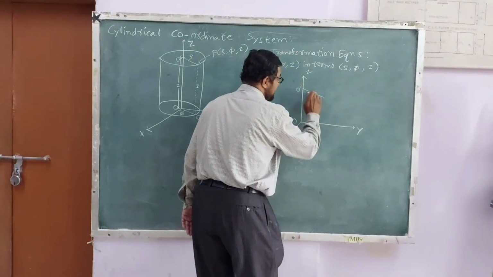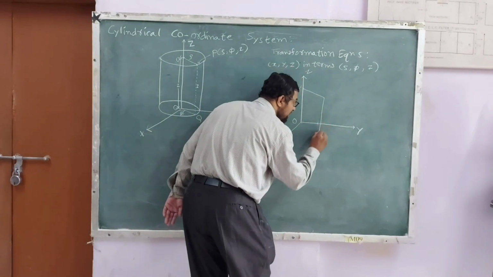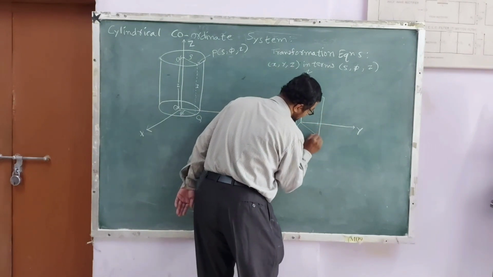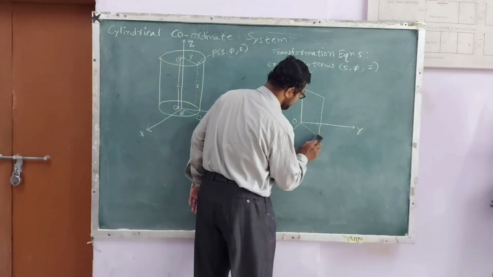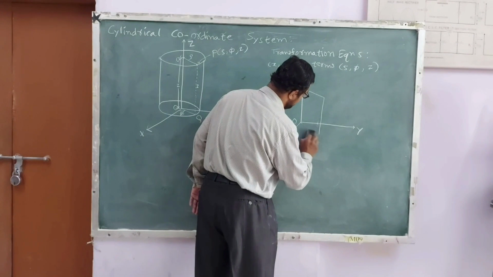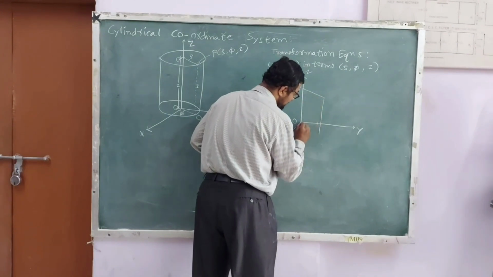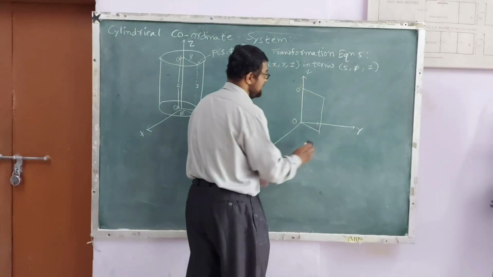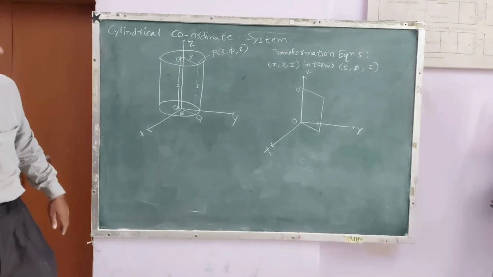Then this will be parallel to this here. So it should look like a plane over there.